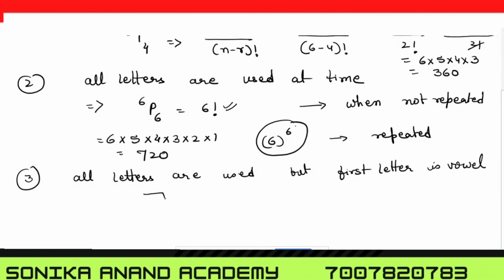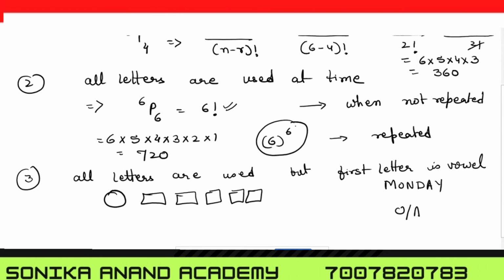Now let this be a vowel. And we have the word Monday. Now there are two vowels, O and A. If I use O over here, I have two choices to fill, any of them.